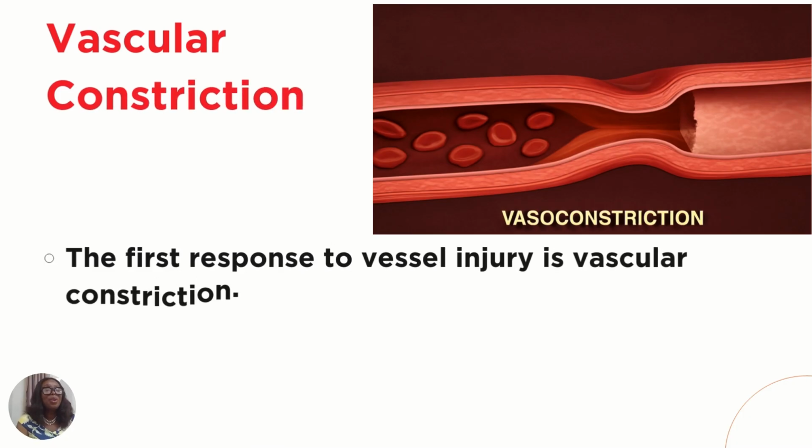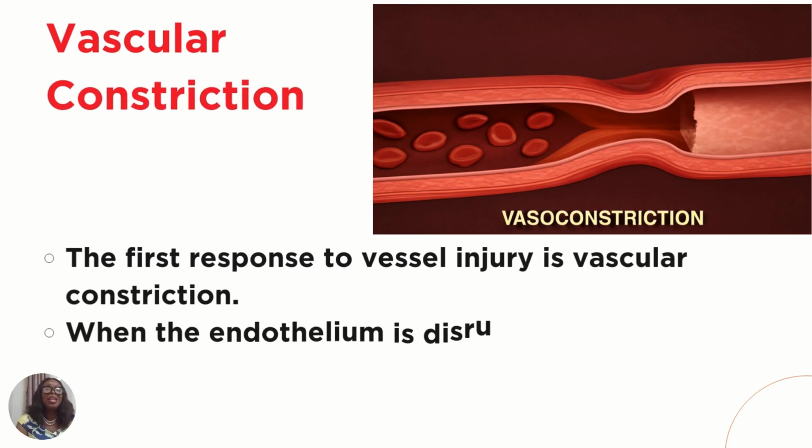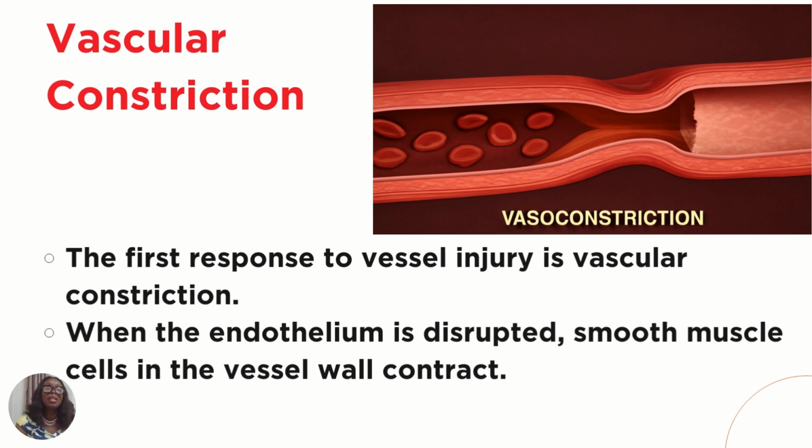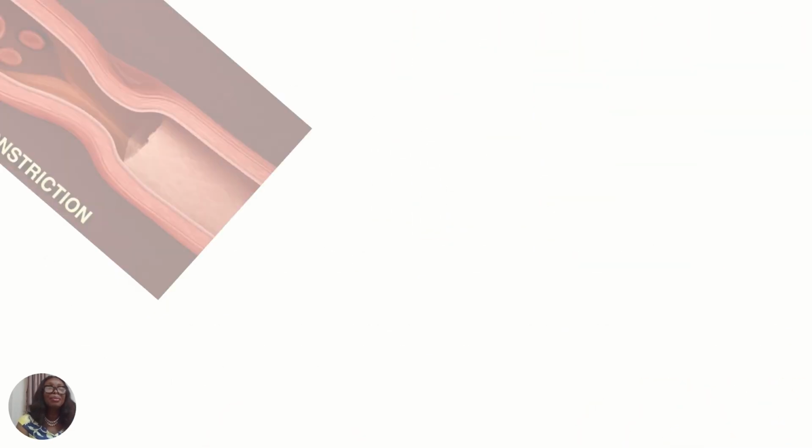The first response to vessel injury is vascular constriction. When we sustain injury, the endothelium is disrupted and smooth muscle cells in the vessel wall contract.